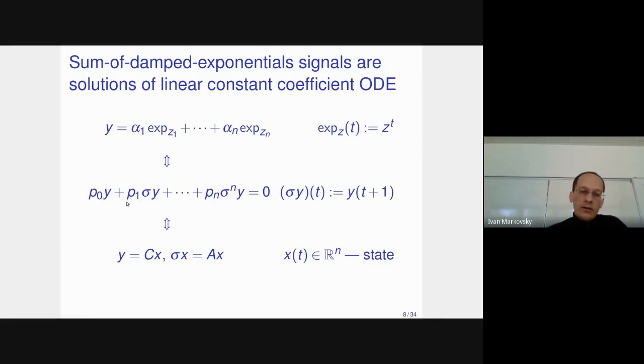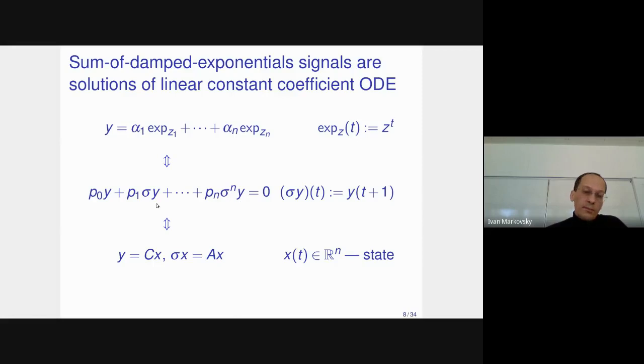The notation here is that sigma acts on a signal to shift it, so sigma of y at time t is y at t plus 1. And if we apply a finite number of shifts, namely n, which is the number of exponents, it gives us a formula which is a homogeneous constant coefficient difference equation.